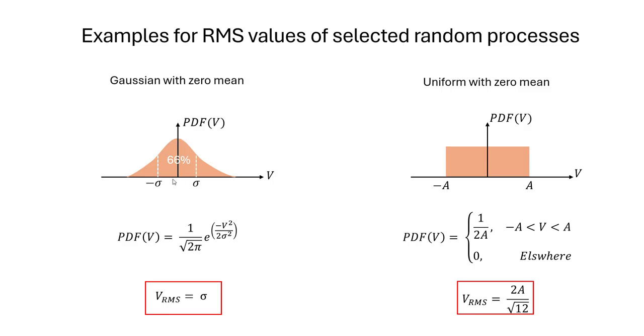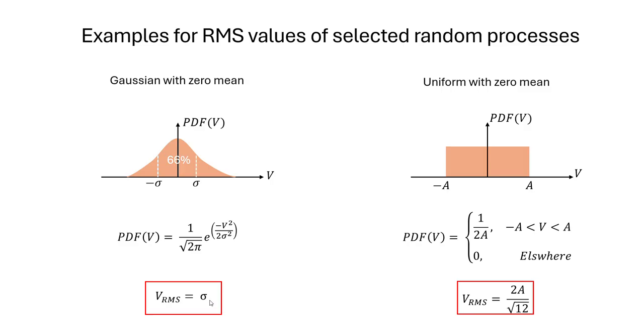It could be shown 66% of realizations can be found between minus sigma, or a standard deviation, and sigma. And as we said before, for a random process with zero mean, the voltage or the RMS value would be exactly the standard deviation of the random process.